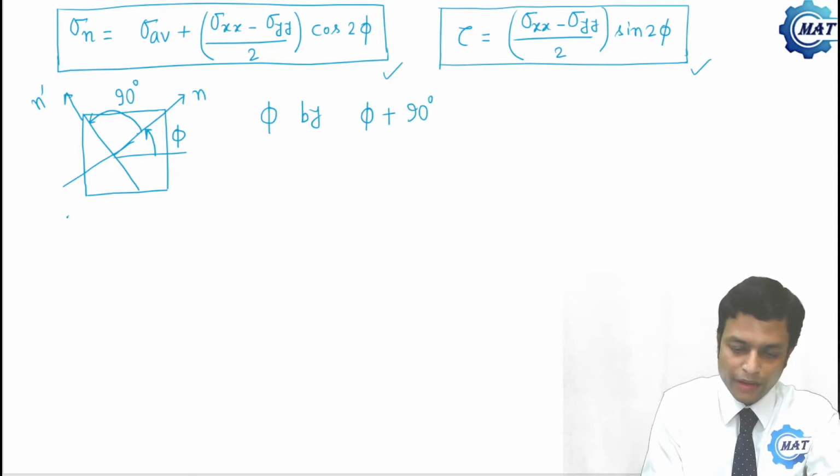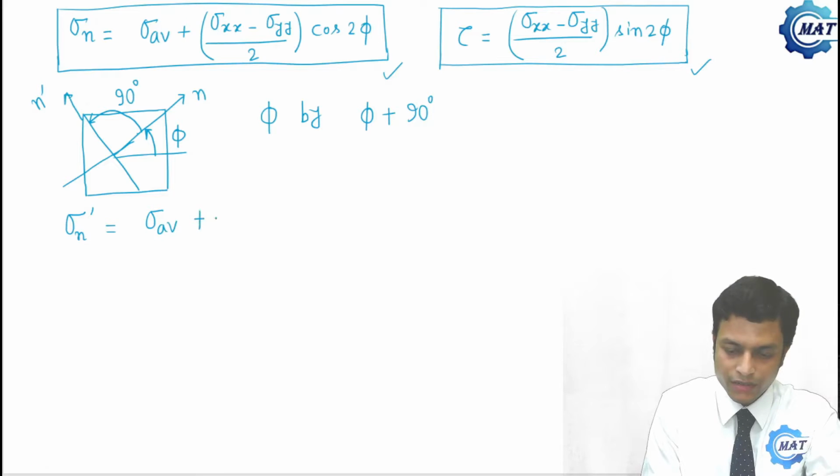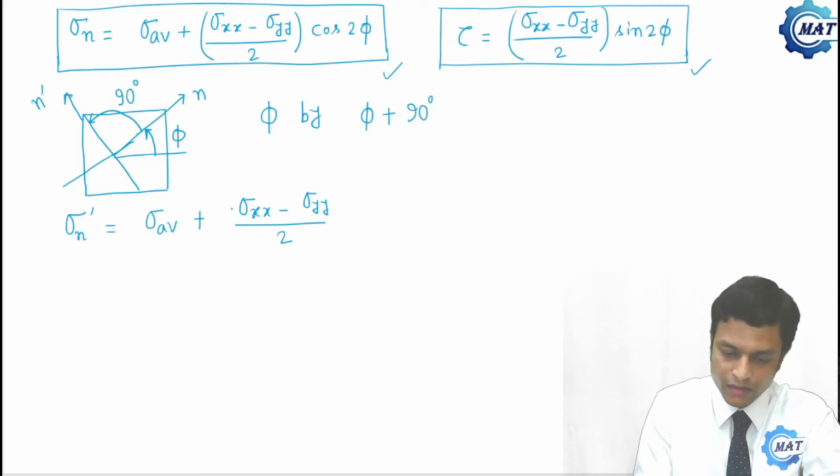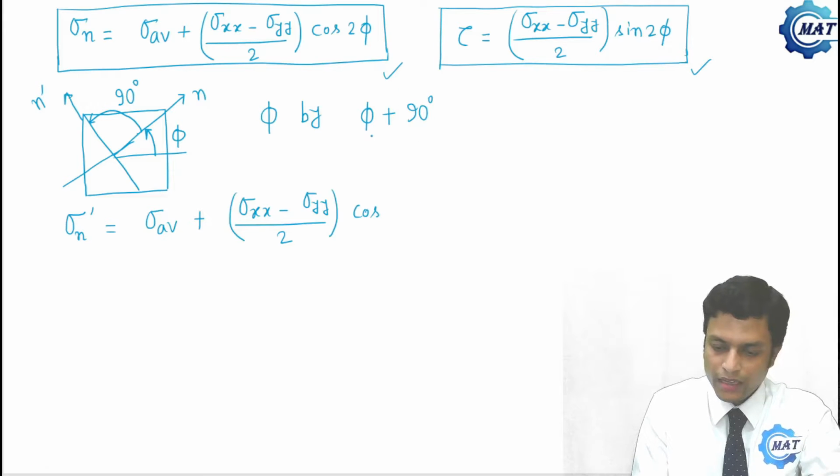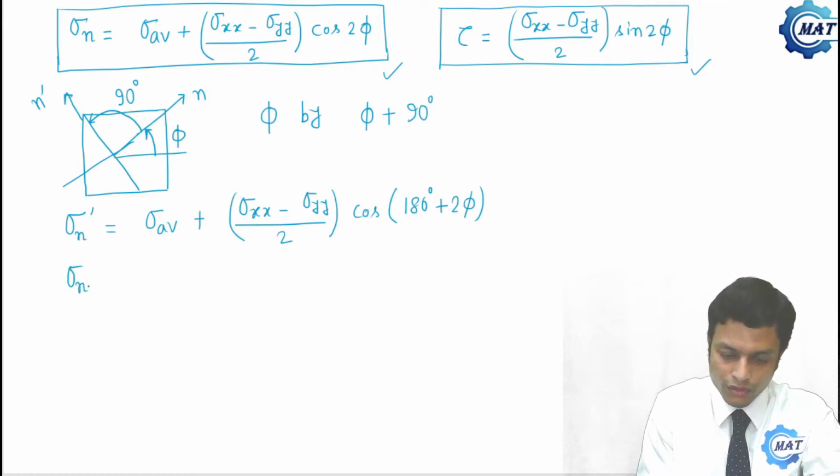So what is the complementary normal stress? Sigma n prime is sigma average, that is (sigma xx plus sigma yy) by 2, sorry, this will be minus cos 2 phi, that is cos of 180 degree plus 2 phi. So this is minus cos 2 phi.